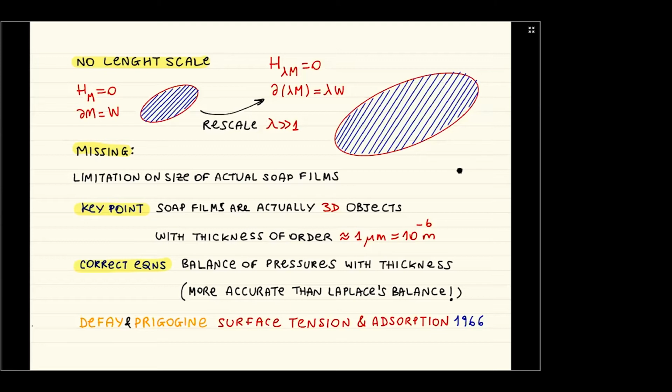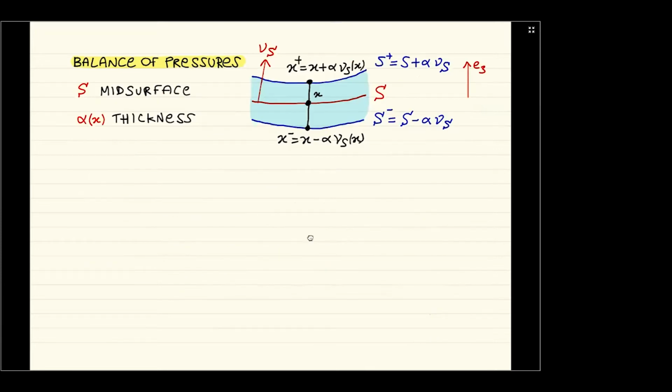What happens if we do the balance of pressures argument, assuming that the film has a thickness rather than being a surface? The argument I'm describing is found in physics books, for example in the book of Defay and Prigogine, although not with details, just described with words. Let me try to explain what will happen.